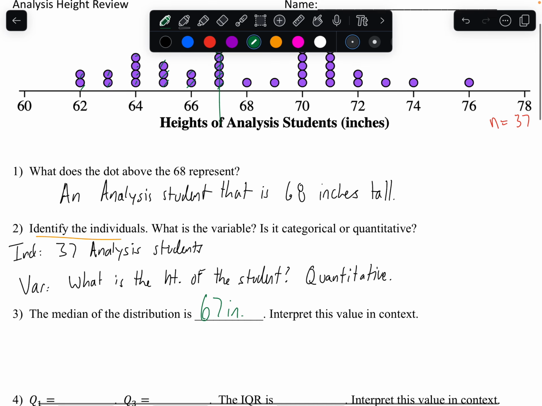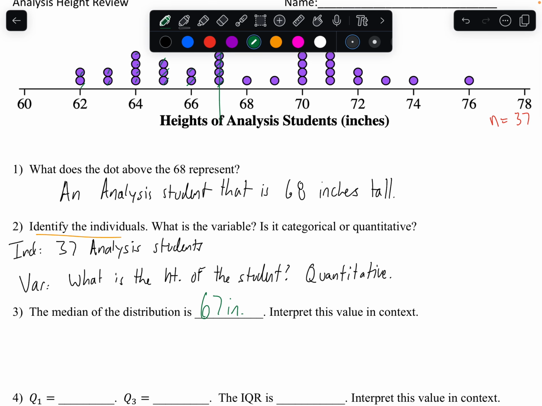So to put units on that, and interpret that value in context: the median is the midway point. It's the middle of the data. It tells us that half of the values are below it and half of the values are above it.